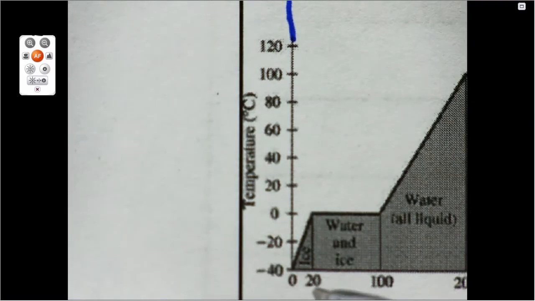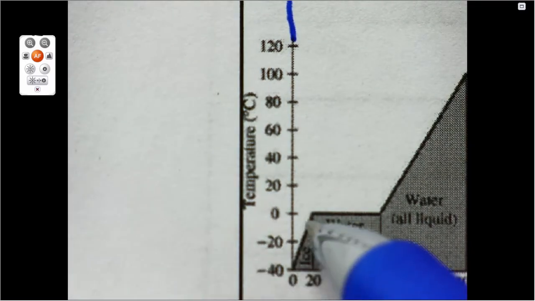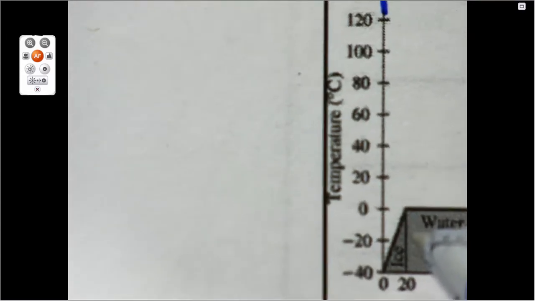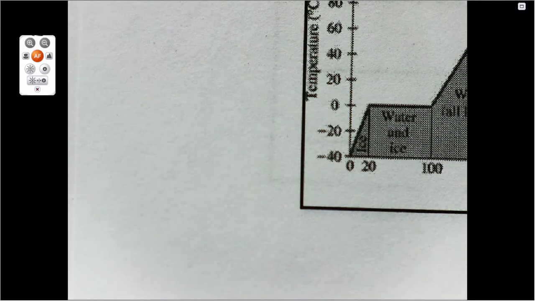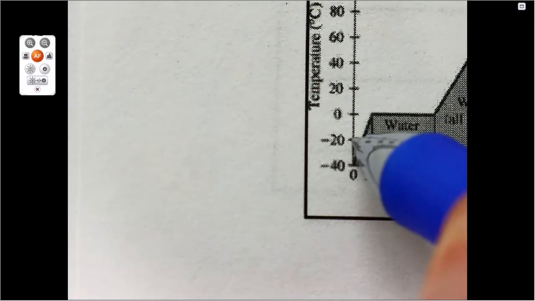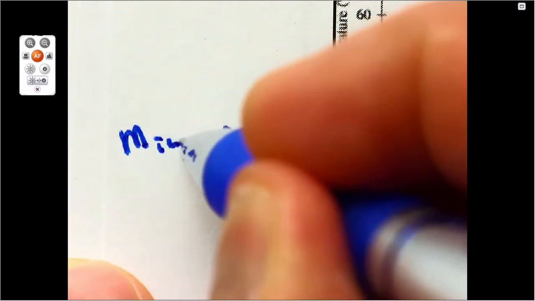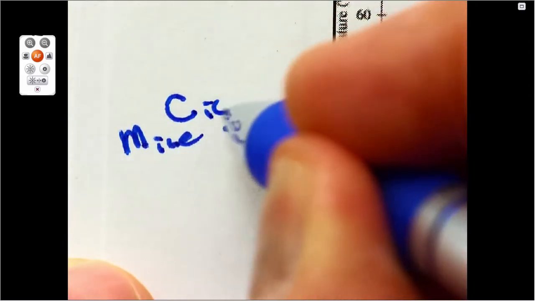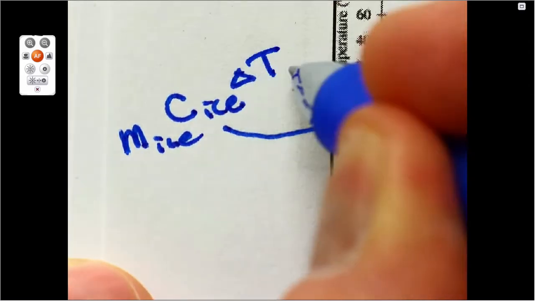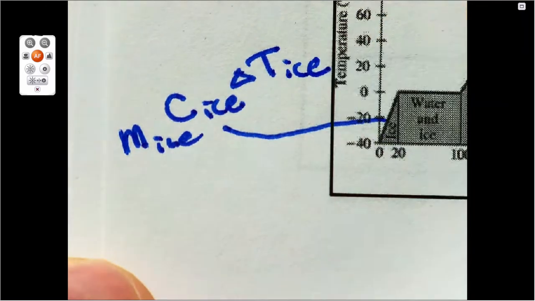This part right here, this curved line, you're going to have to calculate how much energy goes into heating up ice as it stays a solid. So this part right here is going to be your mass of ice, specific heat of ice, change in temperature of the ice.